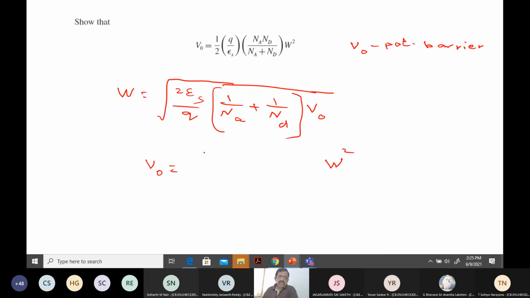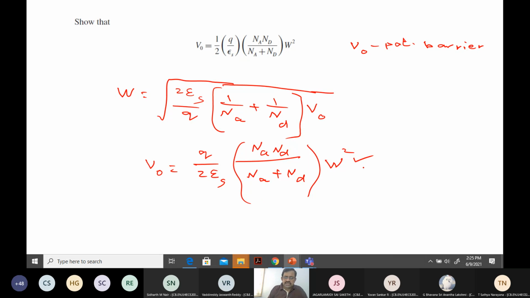The Q is here, so I will put the Q by 2 epsilon S. And here NaNd is the product on the right hand side. Now it becomes the numerator on the left hand side, so it becomes NaNd divided by Na plus Nd. This is very simple.